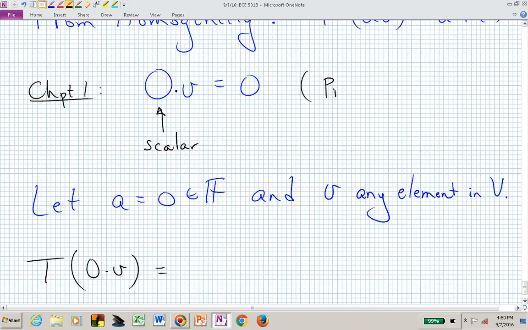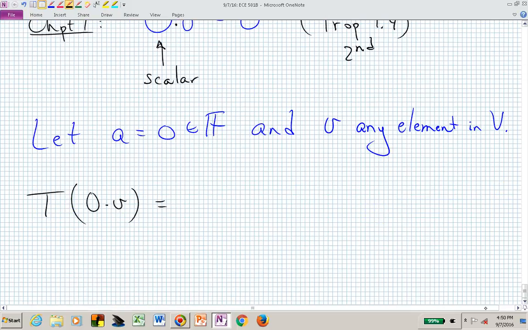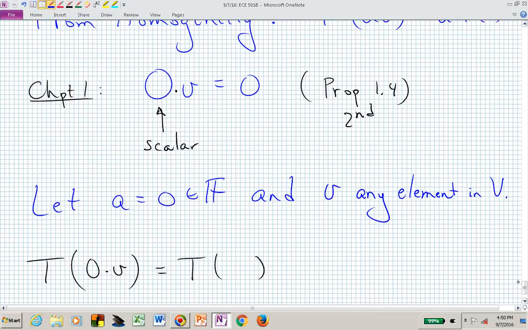I have this in my notes from the second edition of Axler, so that's Prop 1.4, and I want to keep track of what I'm using. From Prop 1.4, what do we know is the argument of that map T? What's 0 times V? That needs to be 0, doesn't it?